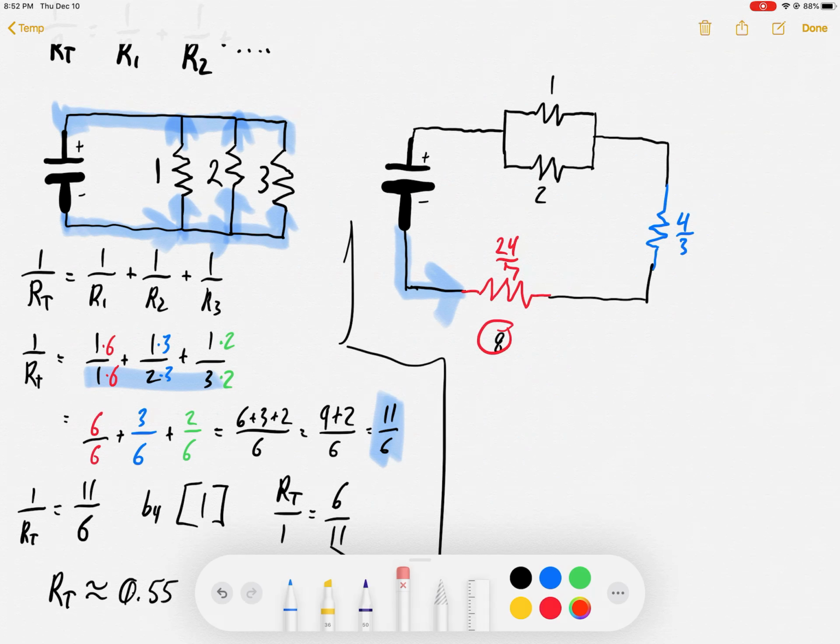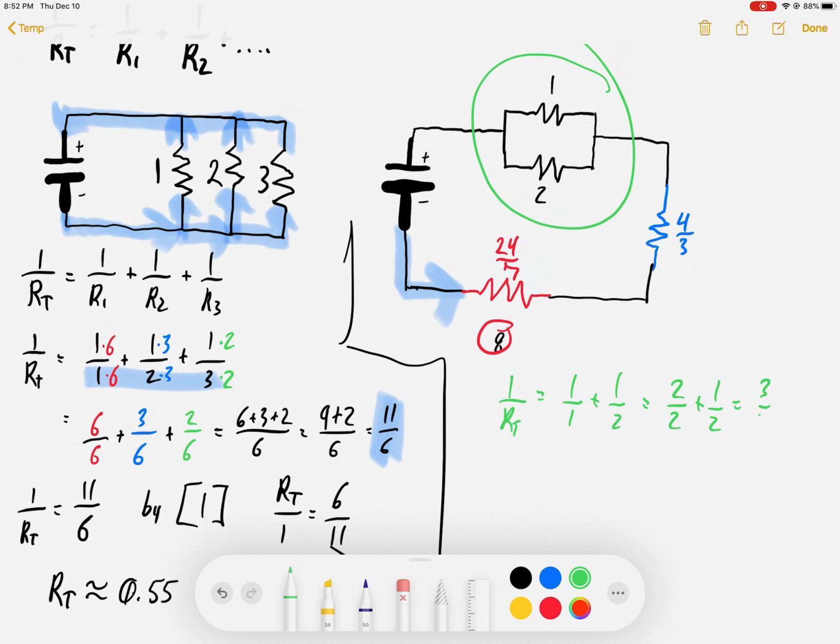One more to go through. I'll use green. I haven't used green yet for this one. Okay, so that resistor, 1 over RT, 1 over 1 plus 1 over 2. So equivalent fractions. And you get that this resistor is 2/3.